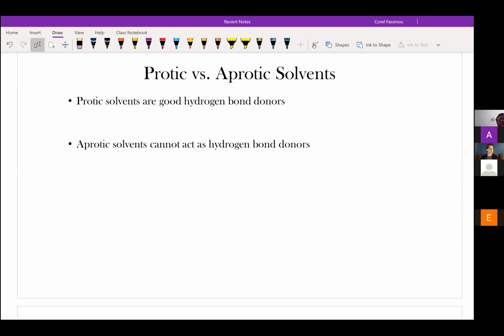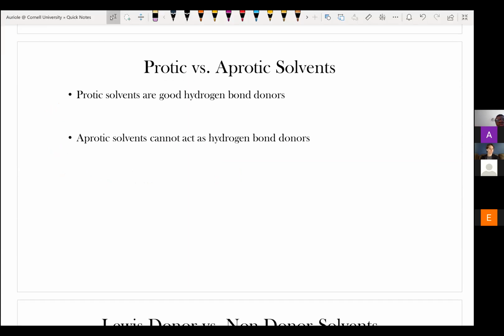So protic solvents are good hydrogen bond donors. And some examples of these include things like water, basic alcohols. I cannot spell. Okay, basic alcohols, things like methanol, propanol. We also have our carboxylic acids, COOH. And so if you remember, hydrogen bonds are formed when we have a hydrogen bonded to atoms such as fluorine, oxygen, and nitrogen.